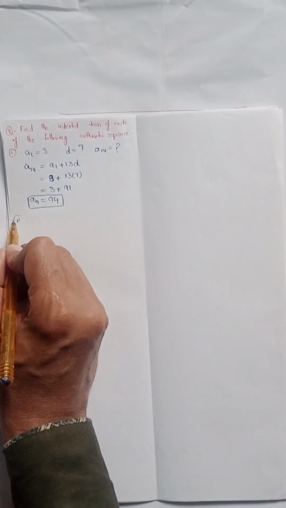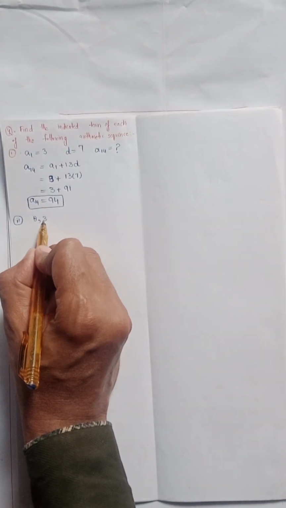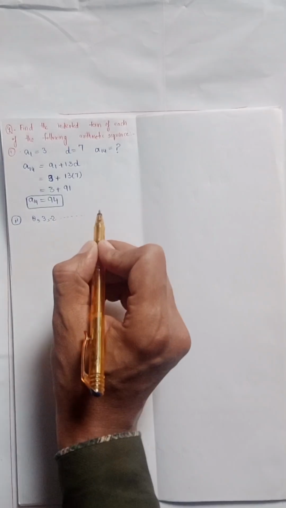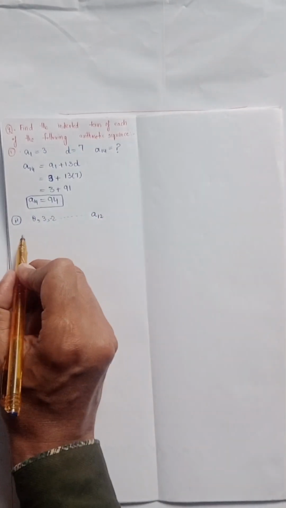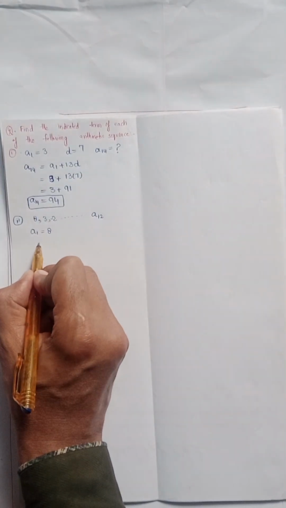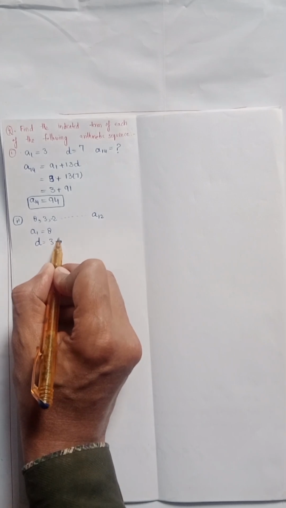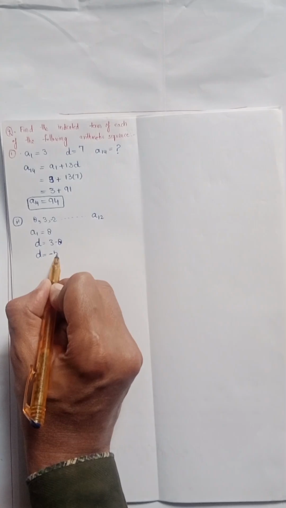In the second part, the indicated term is A12. Here A1 is 8 and D is 3 minus 8. D is equal to minus 5.